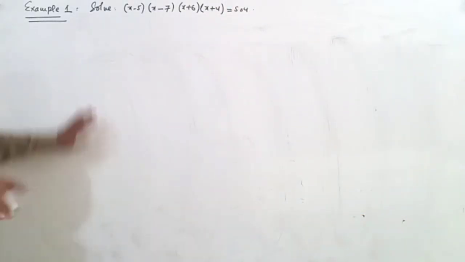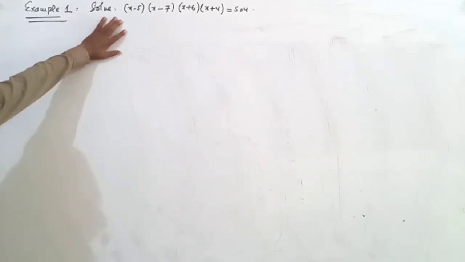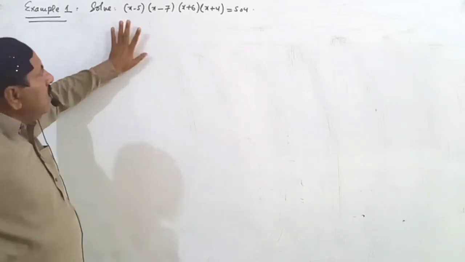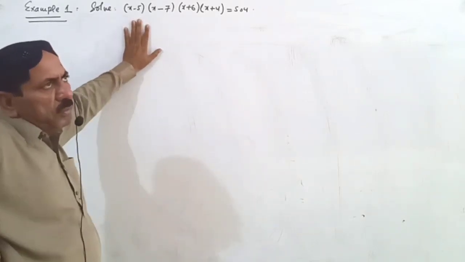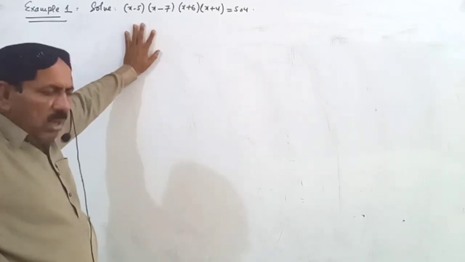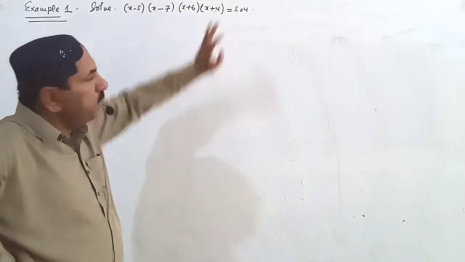We learnt about the quadratic equation, but here there are 4 linear factors to be multiplied. When these factors are multiplied, the result will not be a quadratic equation, it will be a polynomial equation of highest power 4.